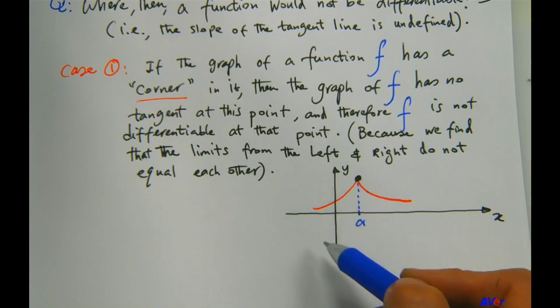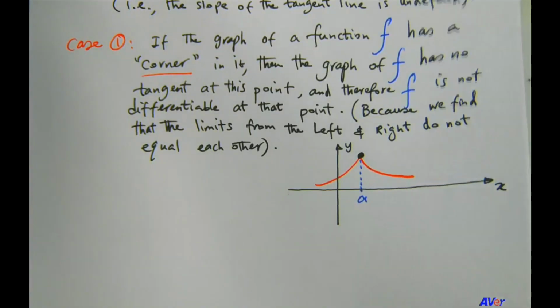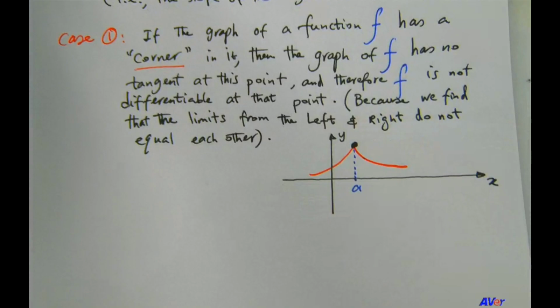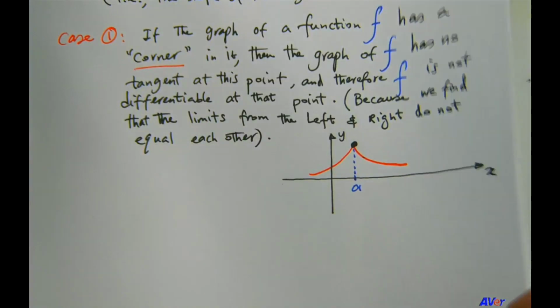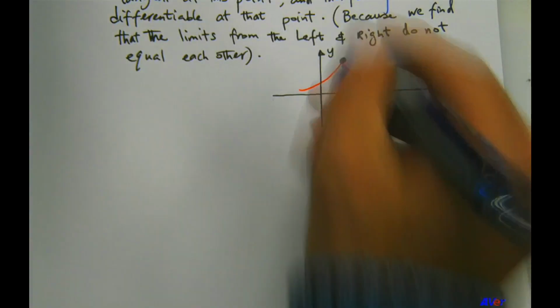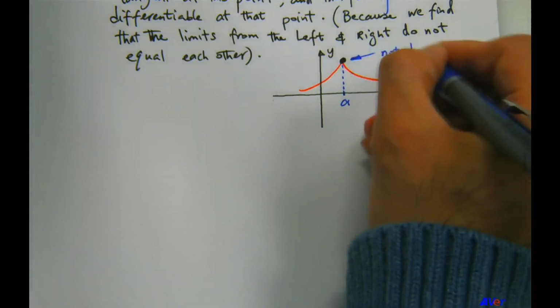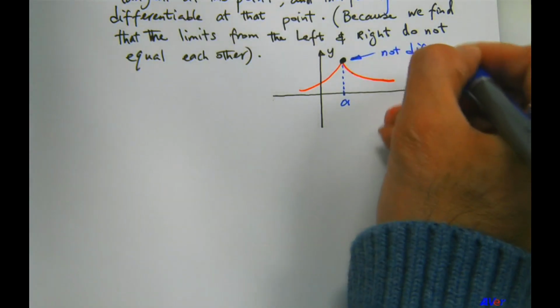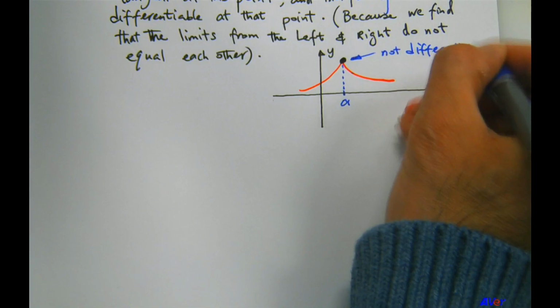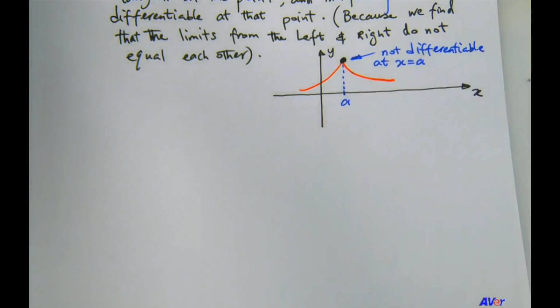So that's another example of a corner, and why that function would not be differentiable at that point. So we might as well say the function is not differentiable at x equals a.